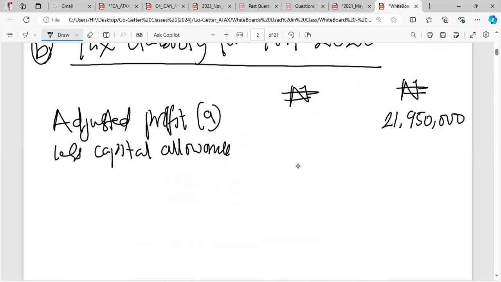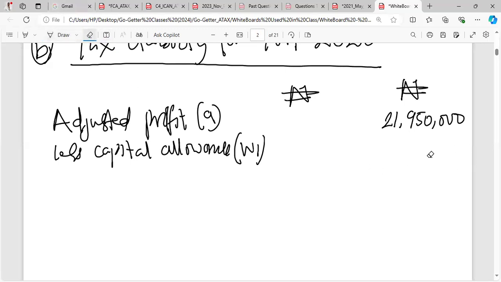We'll do workings 1 to get that. After we get our capital allowance, we'll put it down here.